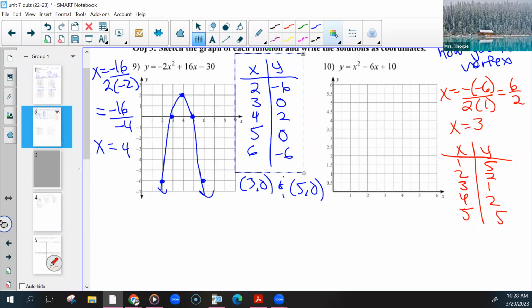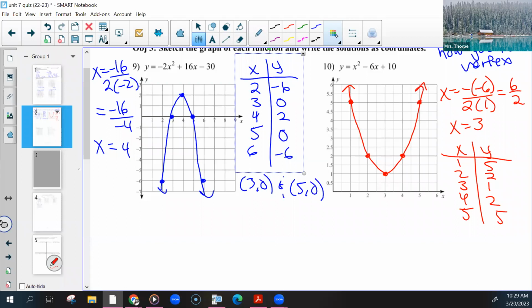Remember that your points should mirror each other. So 1, 5, 2, 2, 3, 1. What you have on one side, it should look the exact same on the other. Questions on 10?